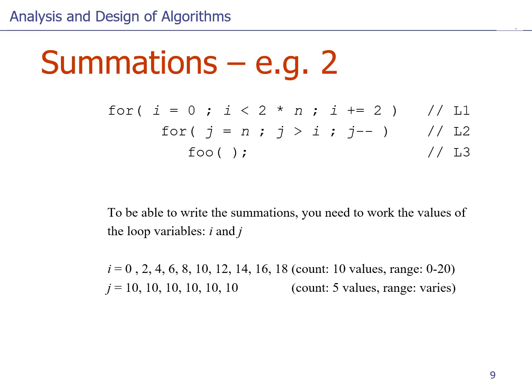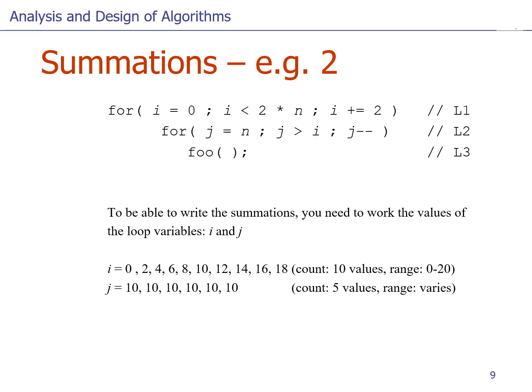So the outside for loop goes from 0, I goes from 0 all the way till 2n. So if I start with n being 10, then I will go from 0 to 20. But notice in the incrementation part, I'm doing I plus or equal 2. So I'm incrementing I by 2 with every iteration of this outside for loop.